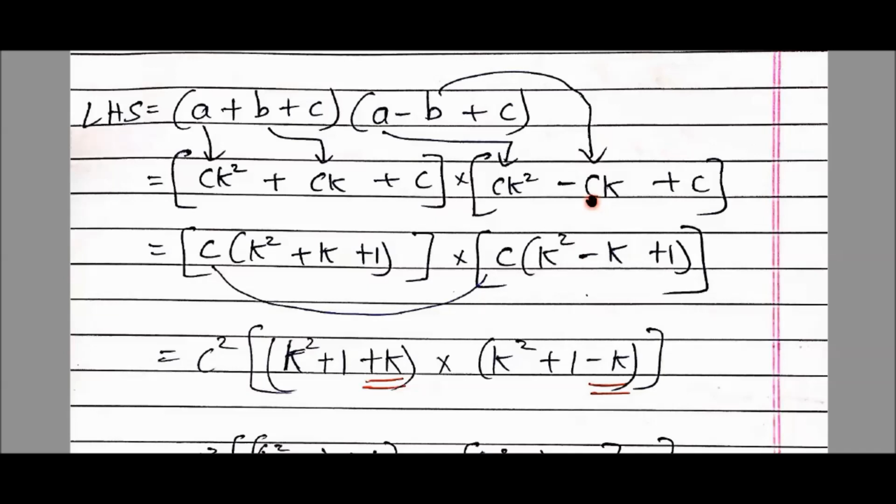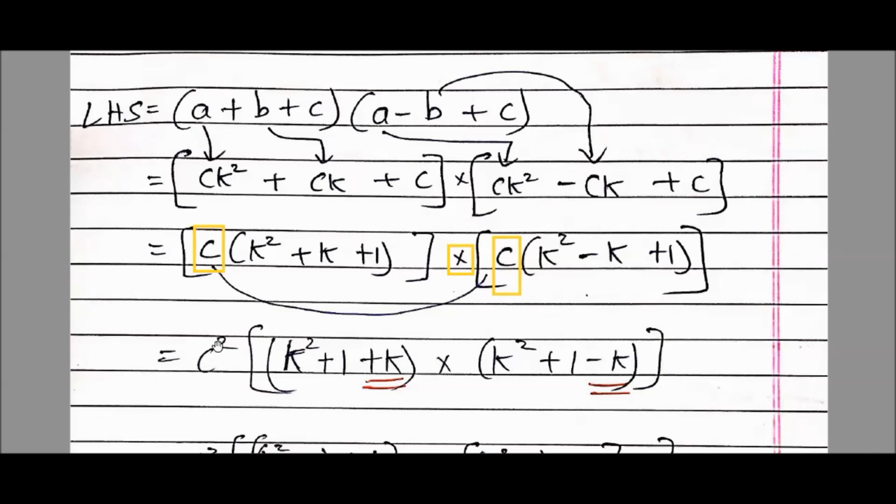C already removed as common, so only K will come. Plus will come. C removed as common, so now 1 will come. Okay. Now if you closely observe, students, I have C here and I have C here. And in between I have a multiplication sign. So can I say C multiplied by C is C square?